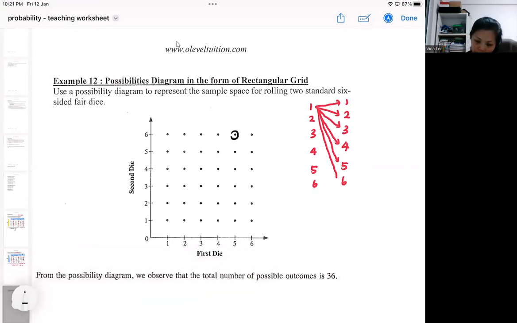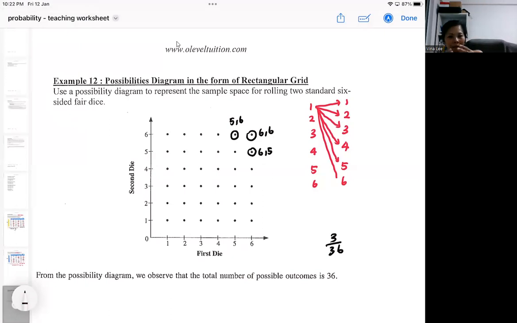This one will add up to 11 because this one is 5, 6. This one will also add up to 11 because this is a 6, 5. This one will add up to 12 because this is a 6, 6. If you go and count the others, you can take a look whether they add up or not. So out of the 36 outcomes, there's only 3 that add up to more than 10. So it will be 3 out of 36.